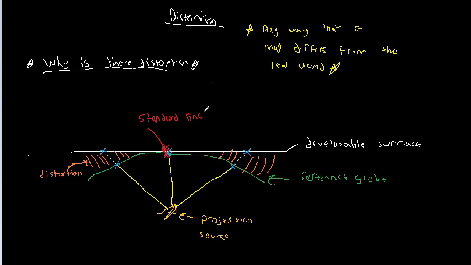Right, and the standard line is the most important part of map projections because the standard line is the only place, I'm going to highlight it, I'm going to make it a different color, I'm going to underline it, right? The standard line, or lines in the case of a secant projection, is the only place where there is no distortion.